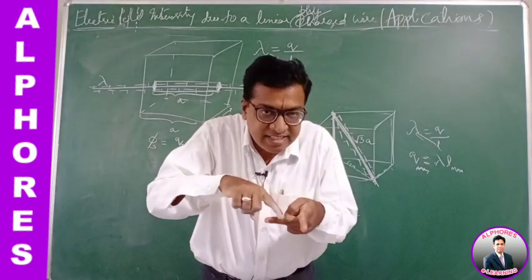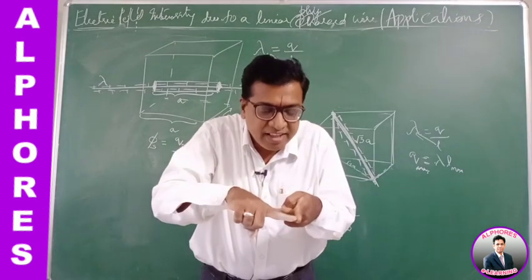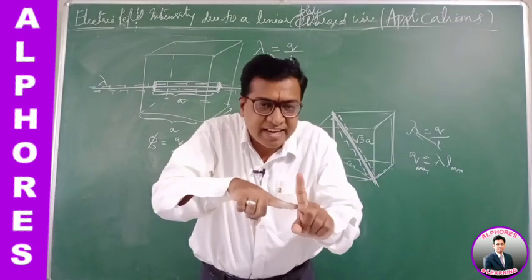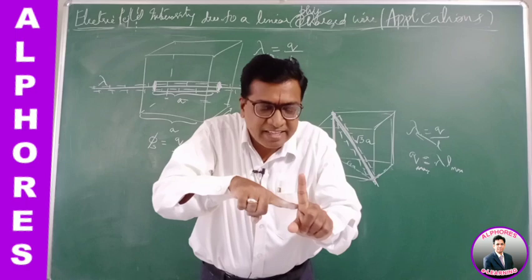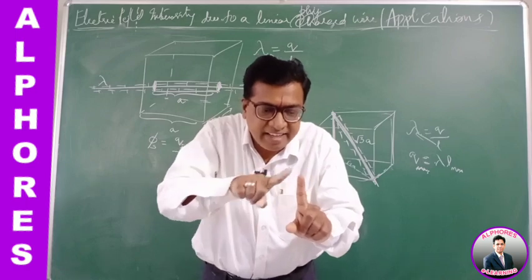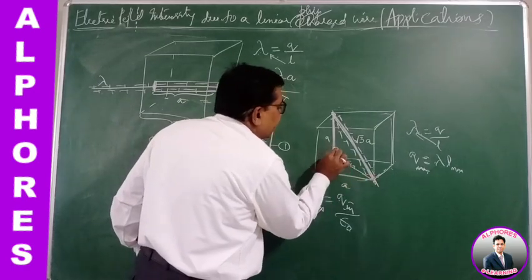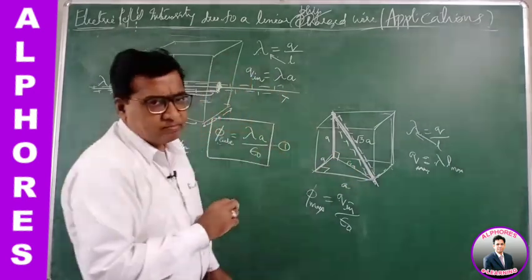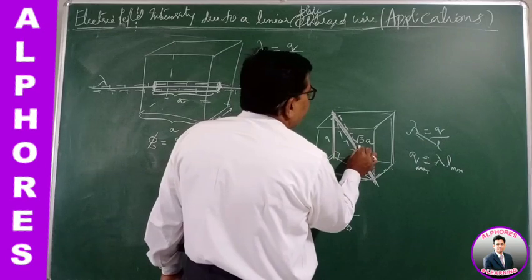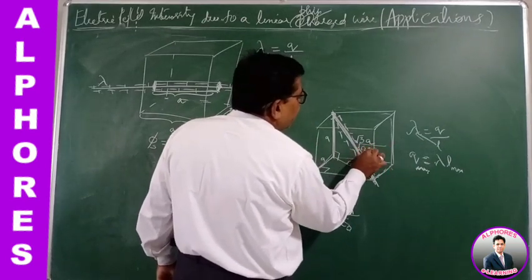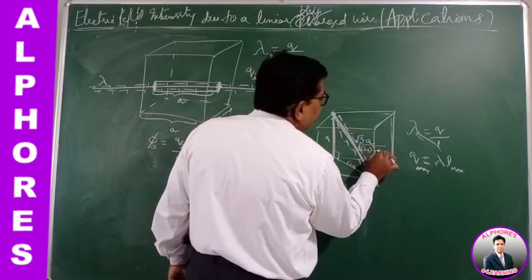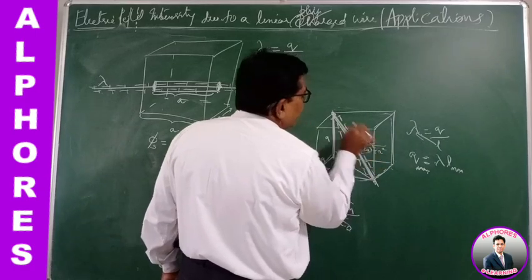If this is A, the face diagonal is root 2A, and the vertical side is A. So the body diagonal is under root of (root 2A) whole square plus A square, which is nothing but root 3A.